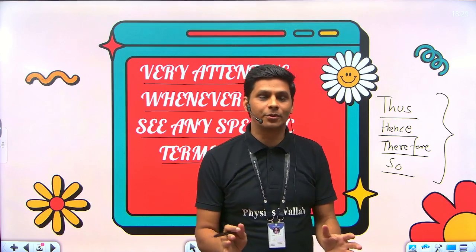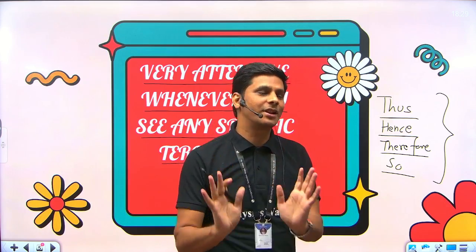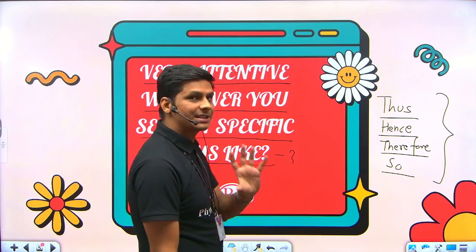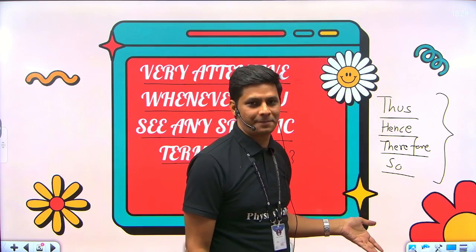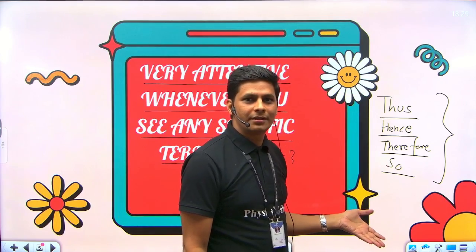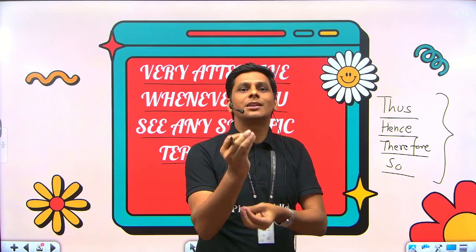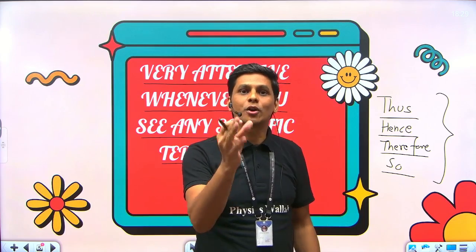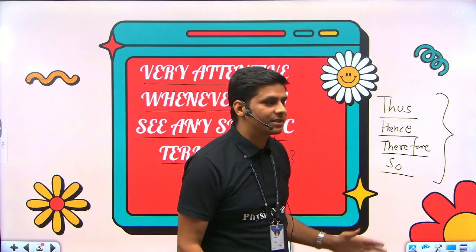Again, I am telling you, reading NCERT is one part, but in what effective way you are reading, that is equally important. So when it comes to specific terminology like thus, hence, therefore, so, it means that the paragraph is leading to a concluding factor, and your attention should get 2x or 3x the moment you notice such terms.